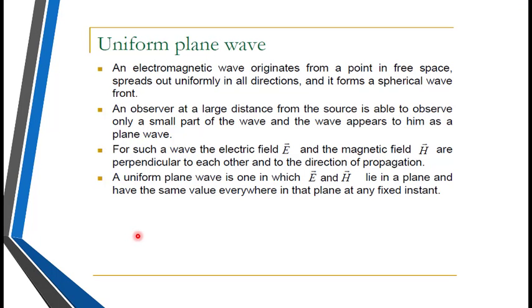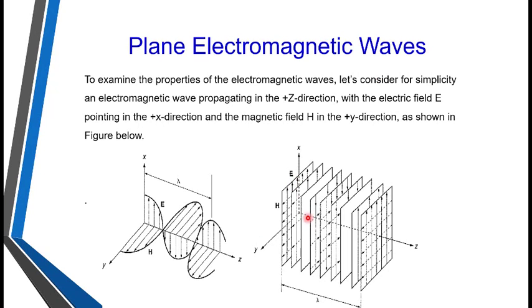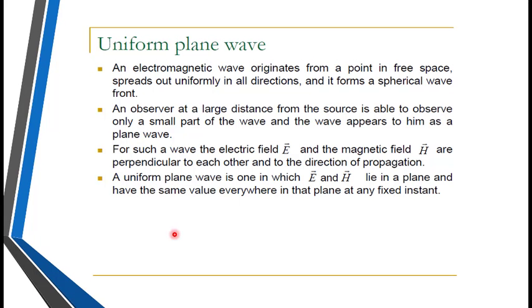For such a wave, the electric field and magnetic field are perpendicular to each other, and they are also perpendicular to the direction of propagation. So first E and H are perpendicular, and both of these are perpendicular to the direction of propagation. So in every plane, the E and H fields are perpendicular to each other.